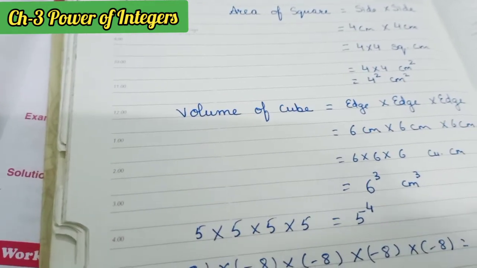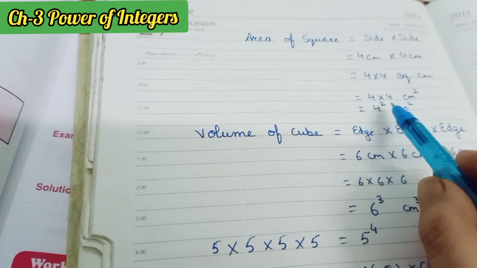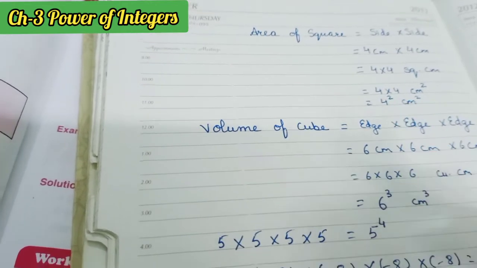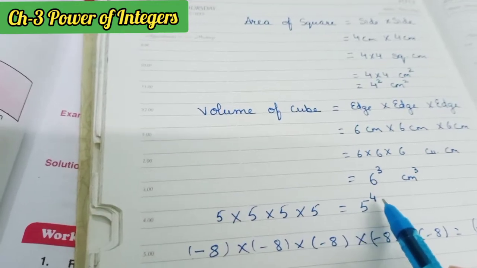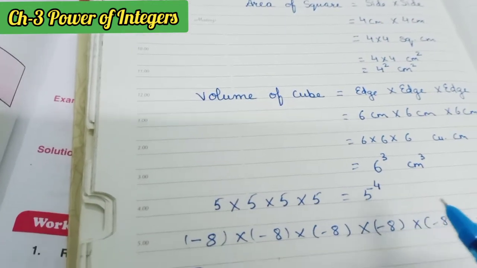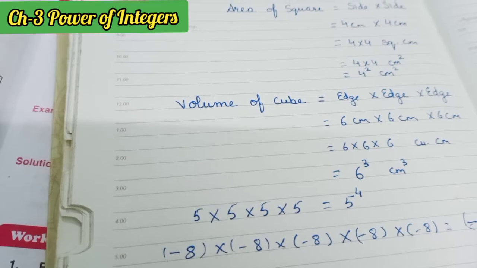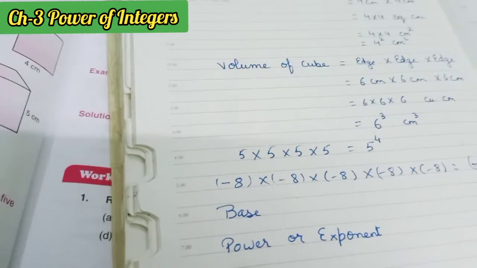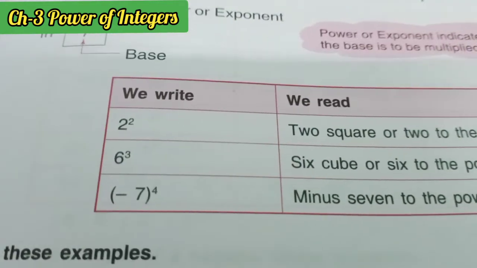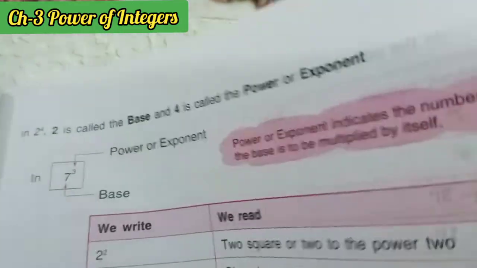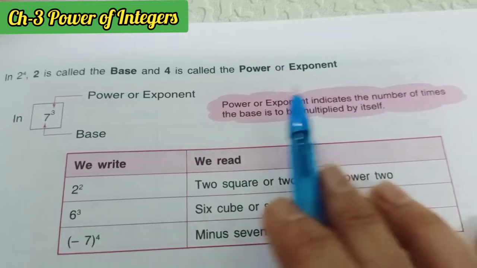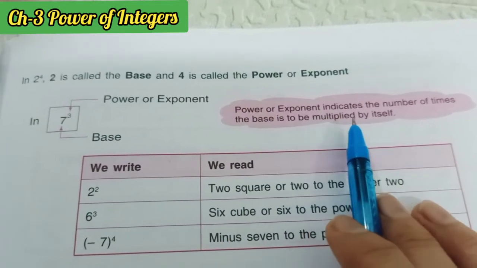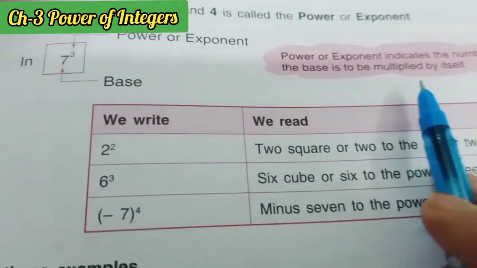So here exponent or power is 2, in this 3, in this exponent is 4, in this exponent is 5. So power or exponent indicates the number of times the base is to be multiplied by itself.